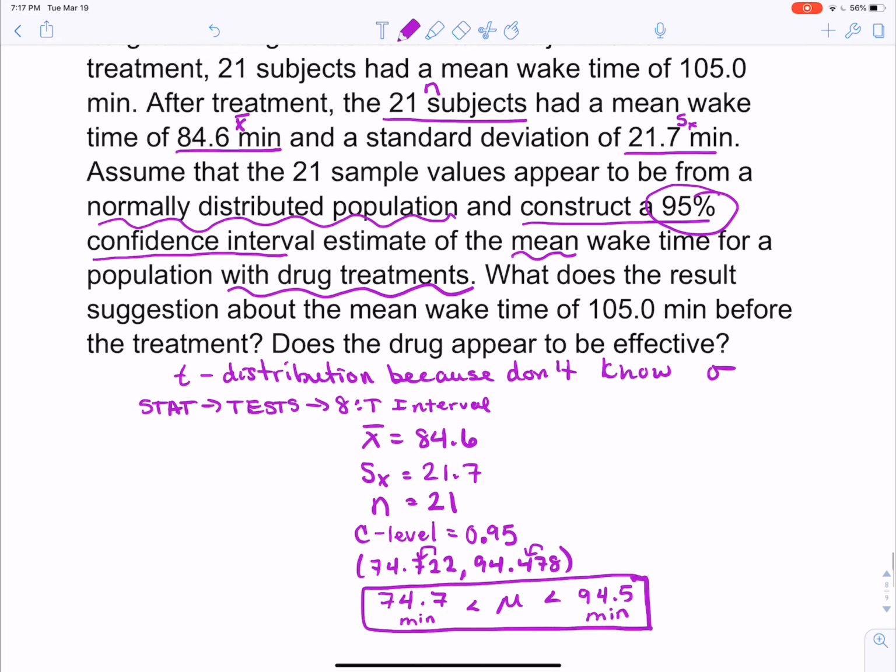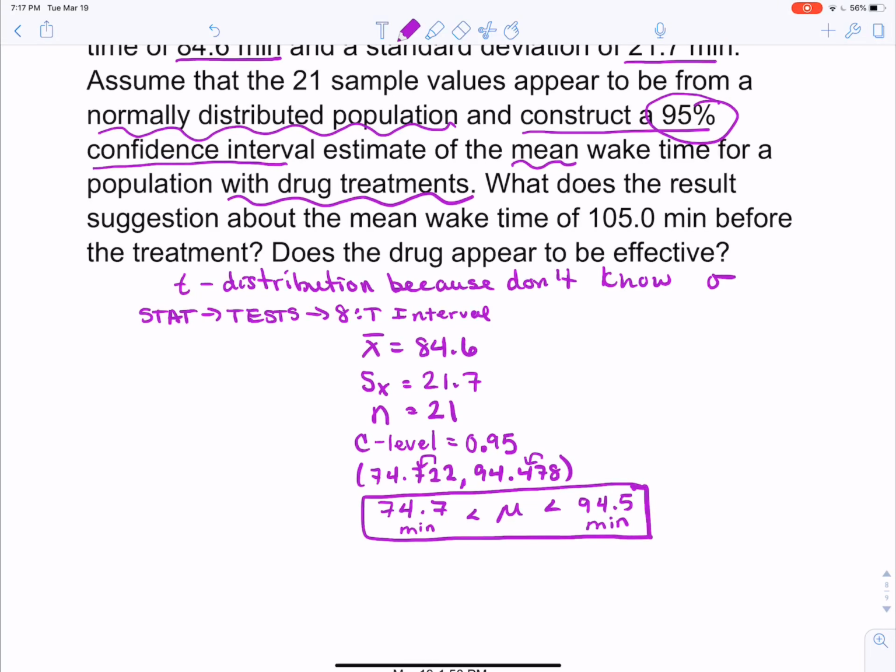So they're asking us, what does the result suggest about the mean wake-up time of 105 minutes before the treatment, and does the drug appear to be effective? So if we think about this 105, that's not in our confidence interval.